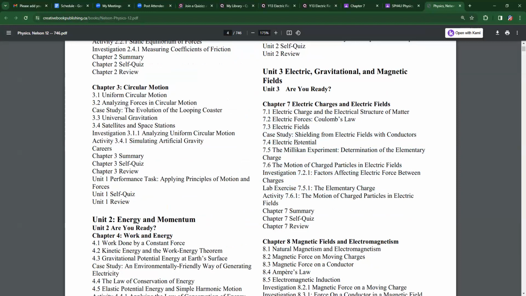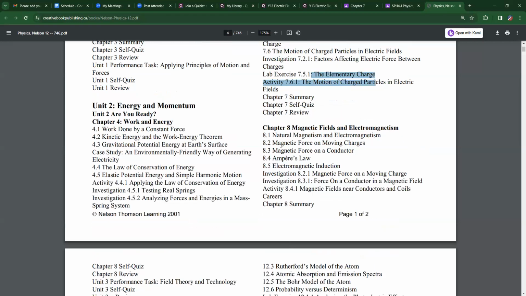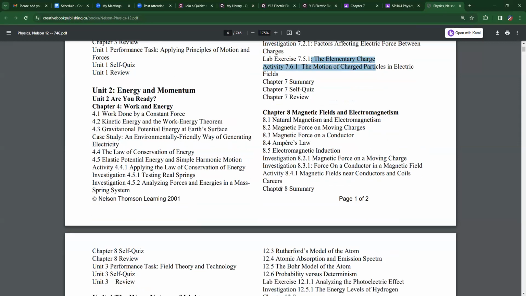So Coulomb's law, electric potential, charged particles in electric field, Millikan experiment, how Millikan found the charge for electron, and to check how particles are moving in the electric field. And then you will need to check what happens in magnetic field to those particles.